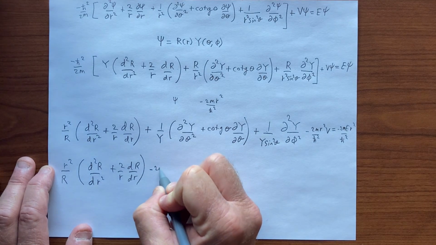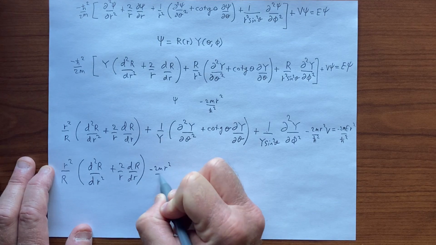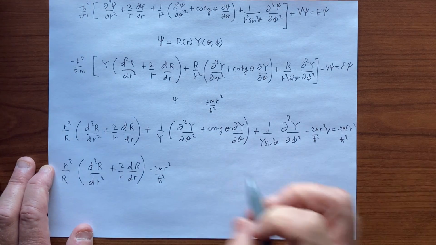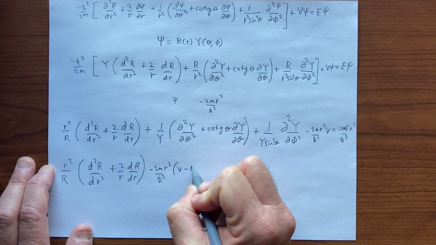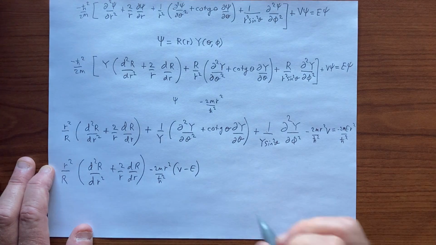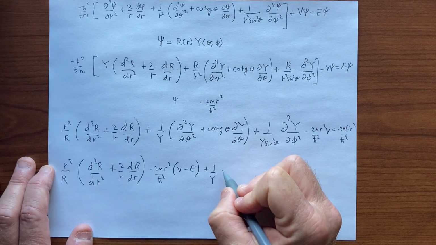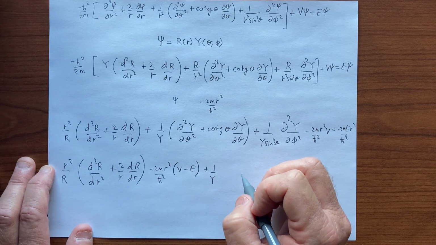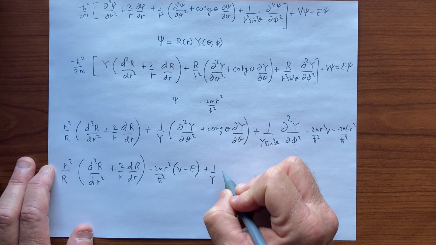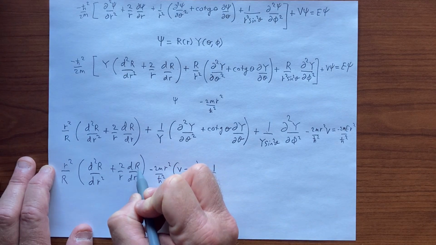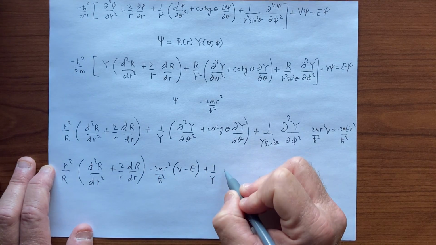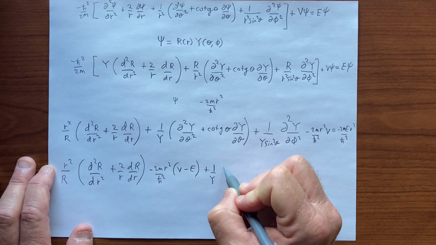We'll get minus 2mr squared over h bar squared V minus E plus this other part. So these two pieces have to act together. They are of different functions, r and the theta phi part, and they will have to add up to 0.